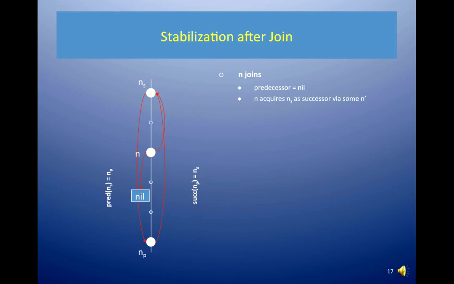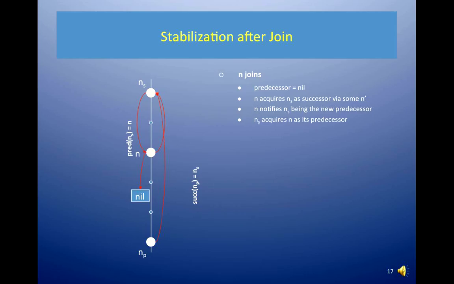So it updates its successor and sends a message to its successor saying, hey, I am your new predecessor. So now n sends a message to ns saying that I am its new predecessor. After receiving this message, ns changes its predecessor from np to n. So this is how it changes.